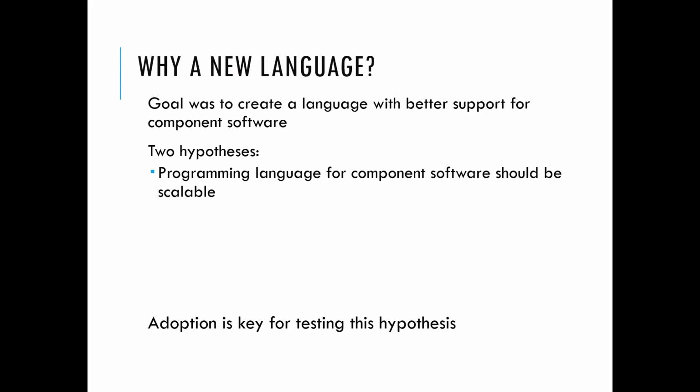You can add on either horizontally or vertically. So Scala is a scalable language which can be expanded, which can be used in many operating systems, many software, and many hardware, and can be compatible with them. So that was the first hypothesis.